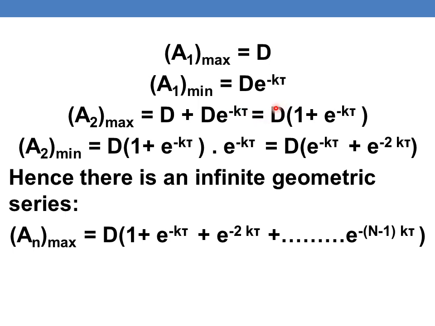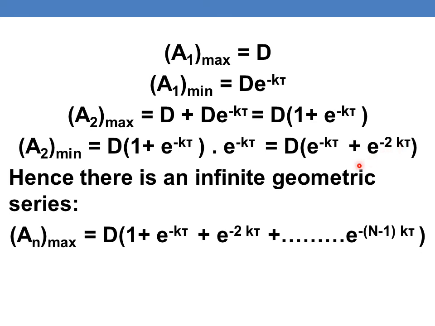If we take D common, then A2 max is equal to D into 1 plus e to the power of minus K tau, and similarly A2 minimum is equal to D into 1 plus e to the power of minus K tau into e to the power of minus K tau. And here also if we take D common, A2 minimum is equal to D into e to the power of minus K tau plus e to the power of minus 2 K tau.